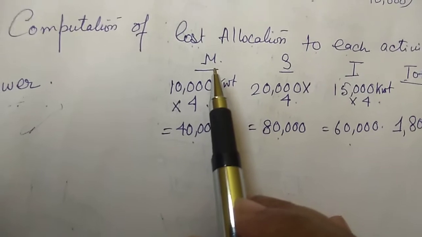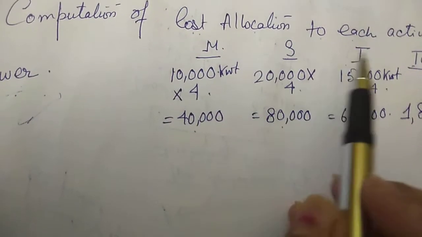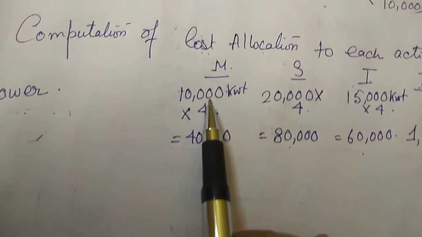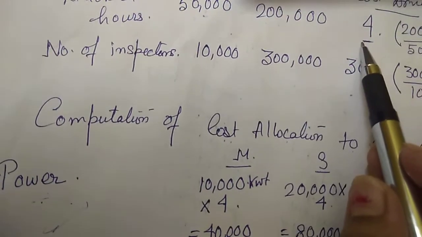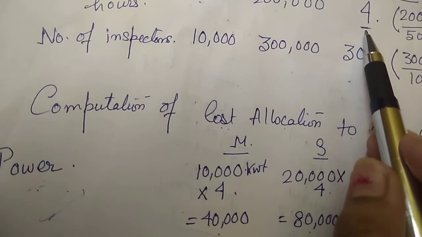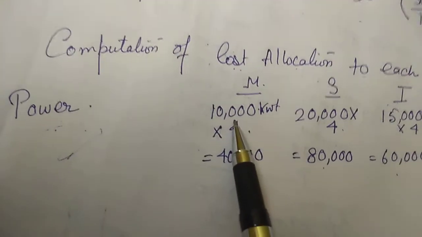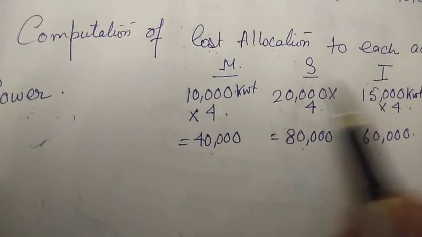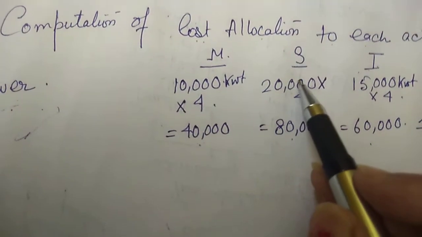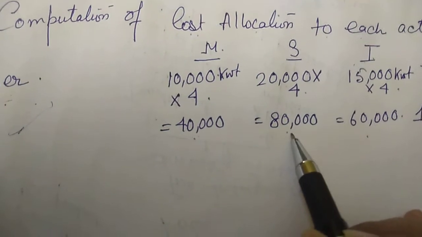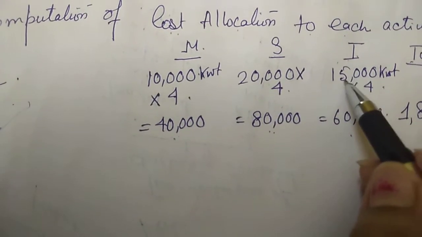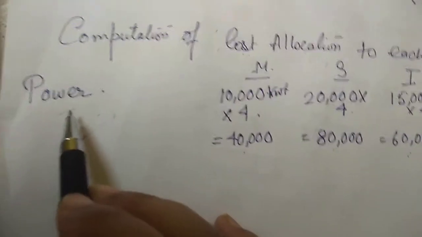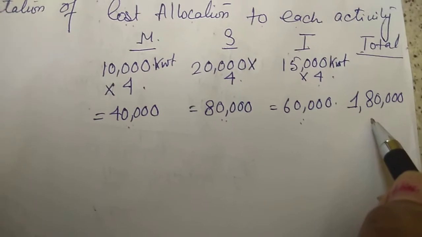Because I am producing these three products M, S and T. For product M, I am consuming 10,000 kilowatt hours and if I consume 1 kilowatt hour, I pay a bill of rupees 4. So for product M, I pay a bill of 40,000, that is 4 into 10,000. For product S, I pay a bill of 20,000 into 4, that is 80,000. For product T, I pay a bill of 15,000 into 4, that is 60,000. So my total cost allocated to the power activity is 1,80,000.